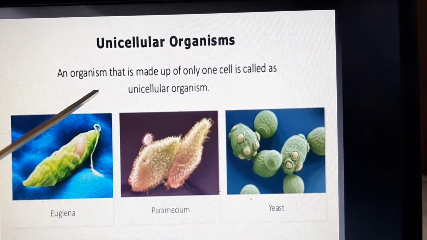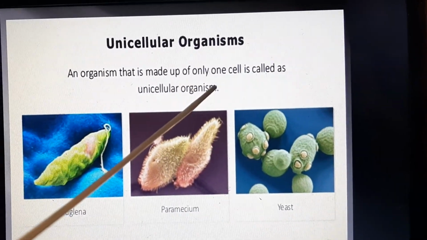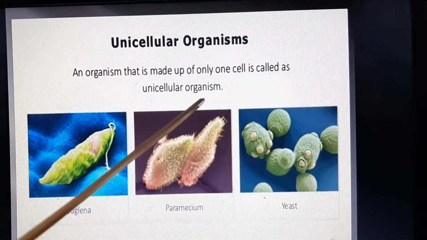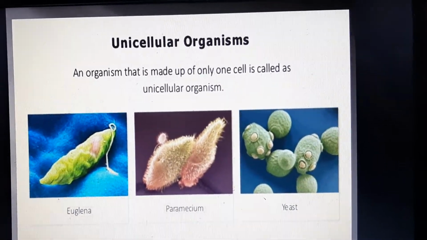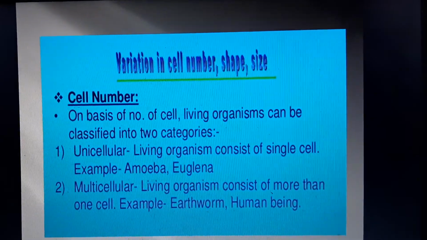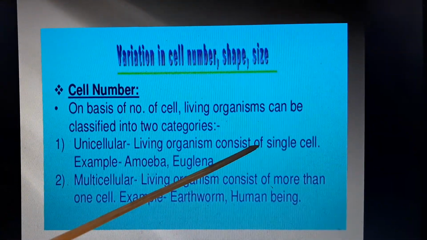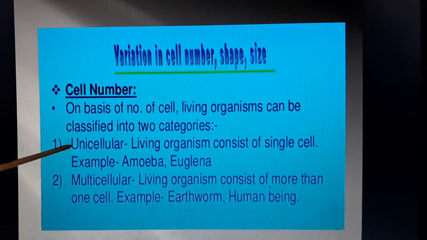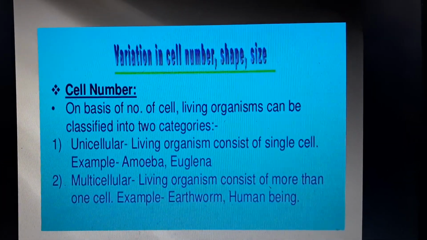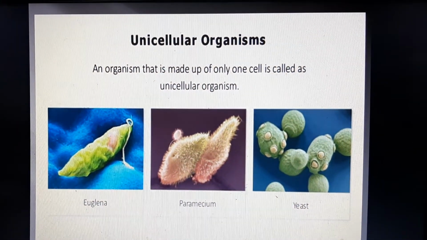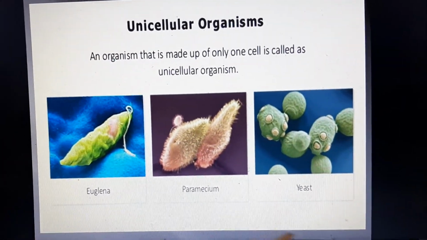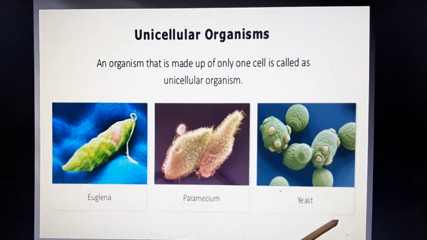An organism that is made up of only one cell is called a unicellular organism, because in the previous slide we learned that a living organism which consists of only a single cell is called unicellular. Got it? So you should remember the examples: euglena, paramecium and yeast.